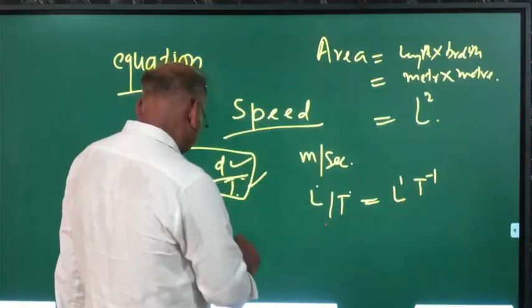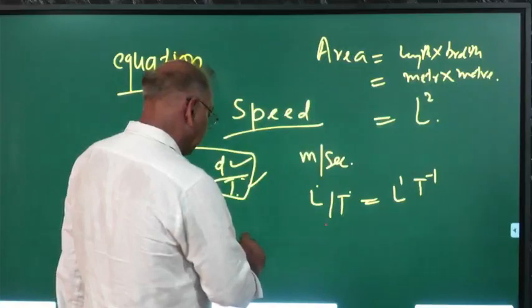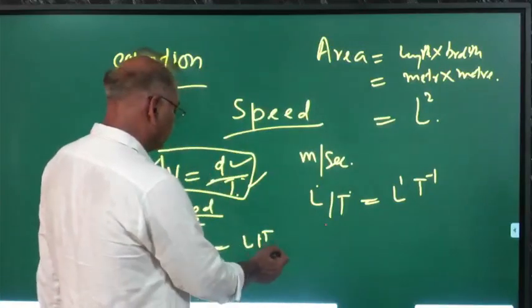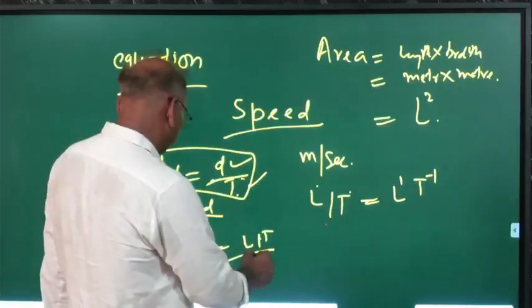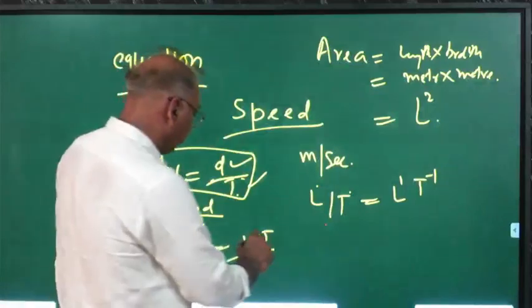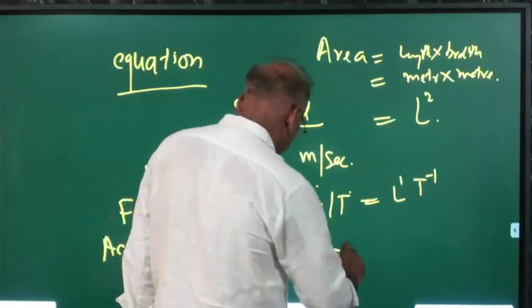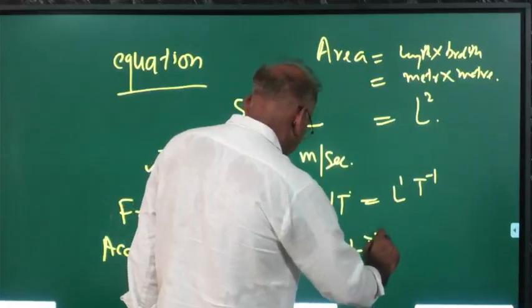So in that case, acceleration will be measured in length upon time squared. This is already acceleration, velocity, and again time. So it will be expressed as L T minus 2.